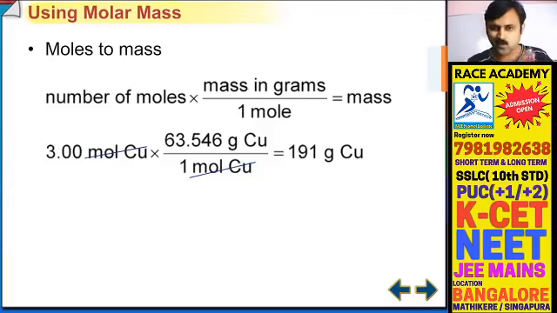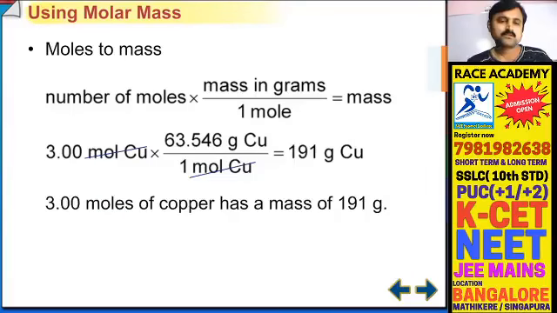That means 1 mole of copper is 63.546 grams, which is the molar mass, and 3 moles of copper is 191 grams. So 3 moles of copper has a mass of 191 grams.